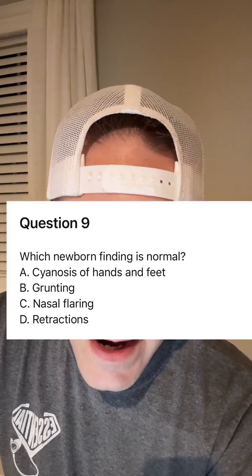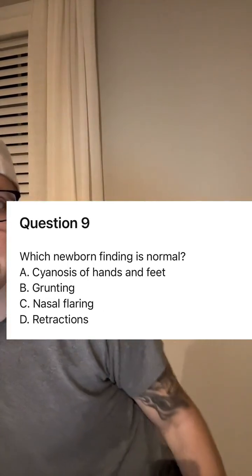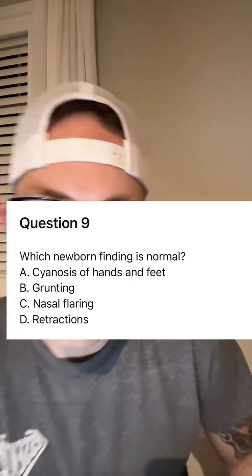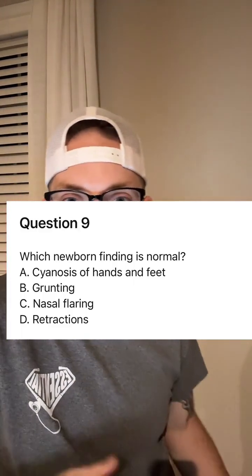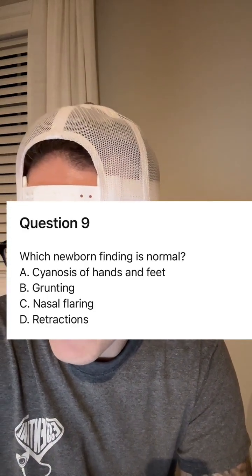All right, 9. Which newborn finding is normal? Cyanosis of the hands and feet, grunting, nasal flaring, or retractions?